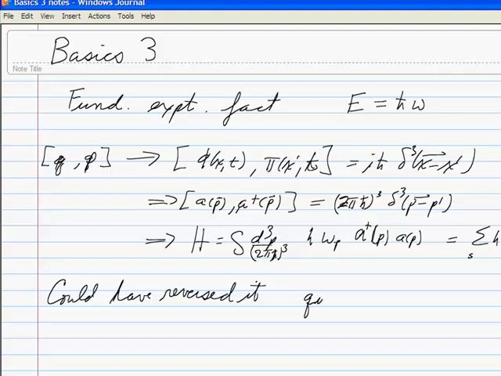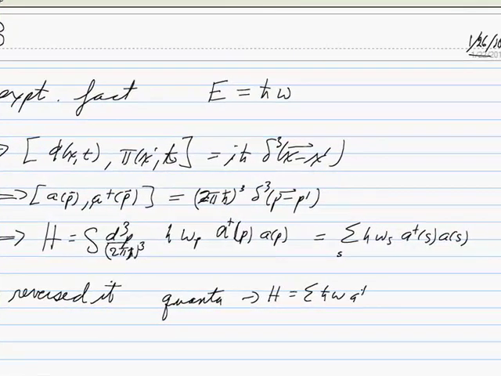You start with quanta, and then that's the Hamiltonian. Hamiltonian is equal to h bar omega a dagger a, and you get backwards. In this case, we would have gotten back to a dagger, and from there we could get to phi and pi.